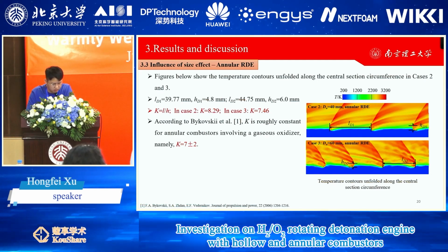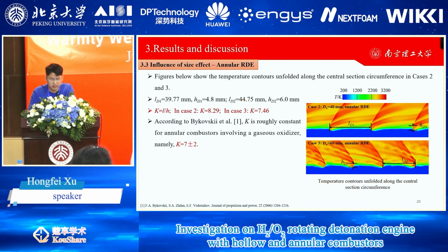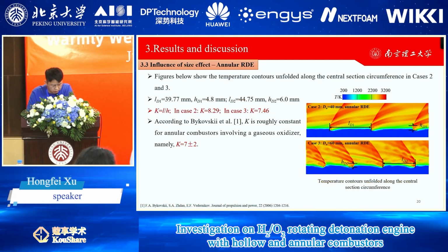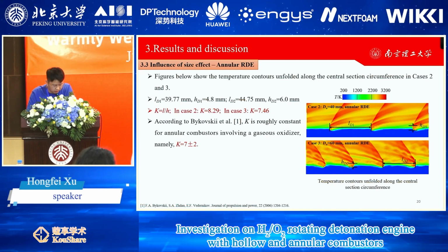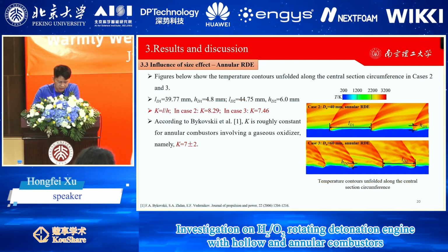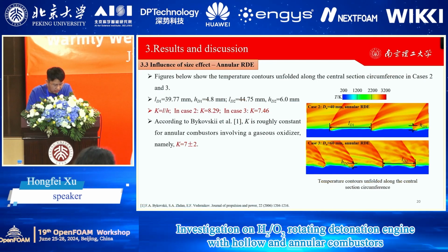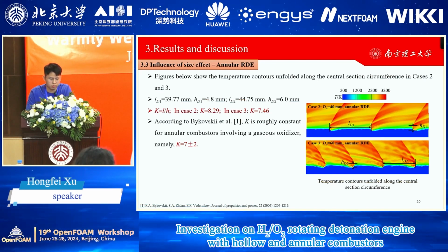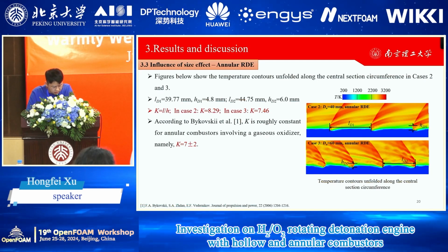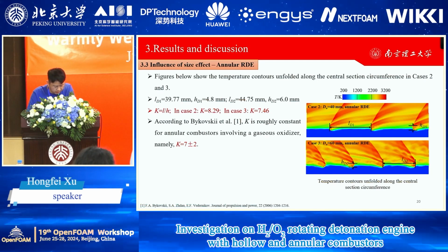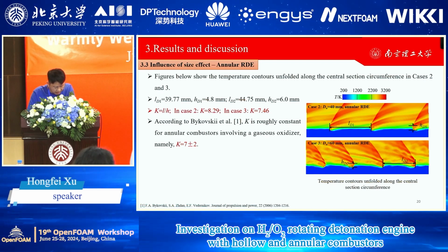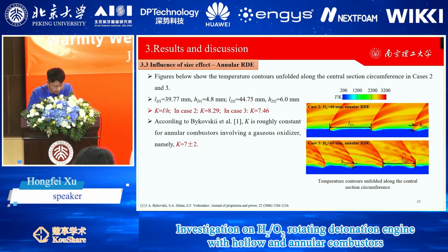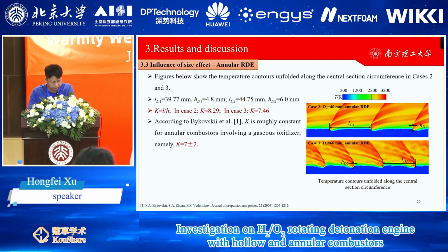Based on previous experimental research, K is the ratio of the length to the height, and they found that the value of K is roughly constant for annular combustors involving gaseous oxidizers, namely K varies from 5 to 9. Since the value of K is almost constant, when the angle size increases, the length increases and the height will also increase accordingly.